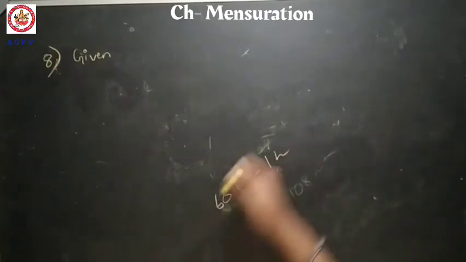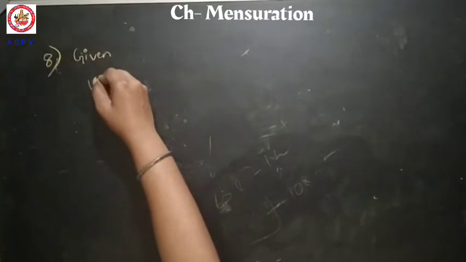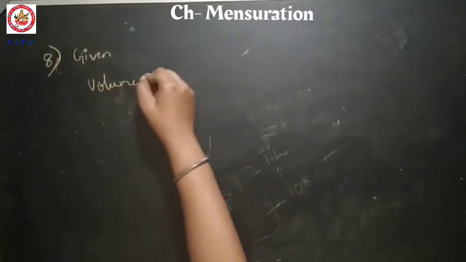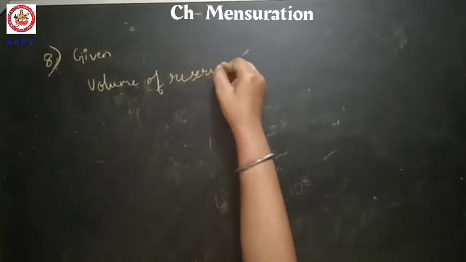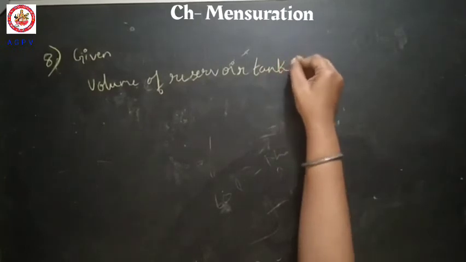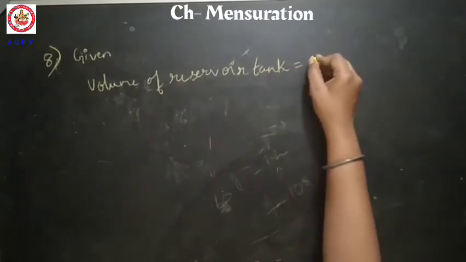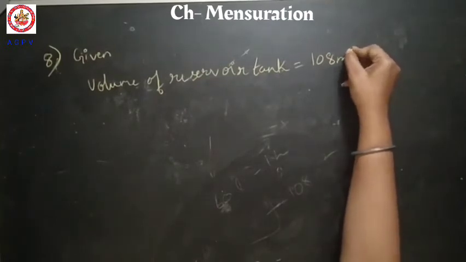Okay, so let us write down given. Given here, volume of reservoir tank is given, which is equal to 108 meter cube, right?